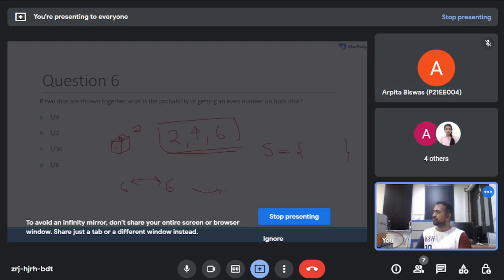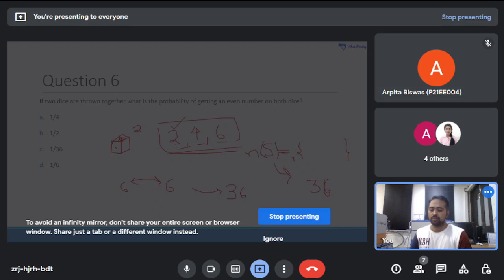Crystal? How many total? 6 multiplied by 6, that's 36. So our sample space is 36. So now the total events are 36. Out of that, our probable events, the ones we want, are having on the first die 2, and on the second die it can be 2, 4, or 6.